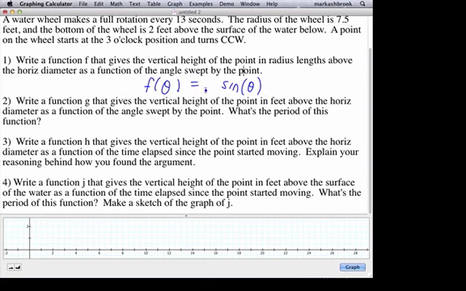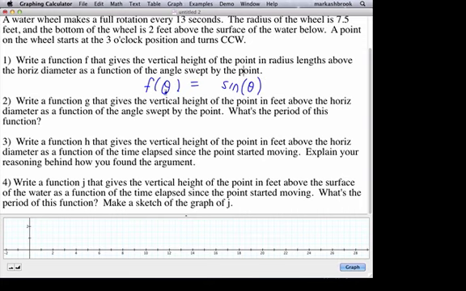So is that it? Do we need to add something or multiply by something? Don't you divide theta by the radius? What goes into sine? What quantity does sine receive? What kind of thing? Angle, right?